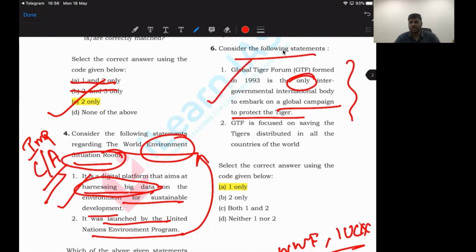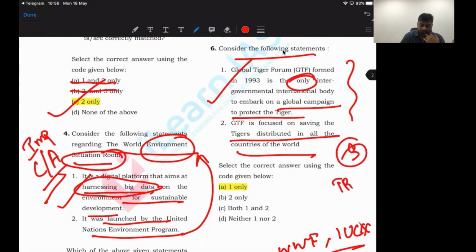It is the only intergovernmental body for protecting tigers in all the tiger range countries, not in all the countries. There are only 13 tiger range countries. So this initiative focuses on protecting tigers in tiger range countries.